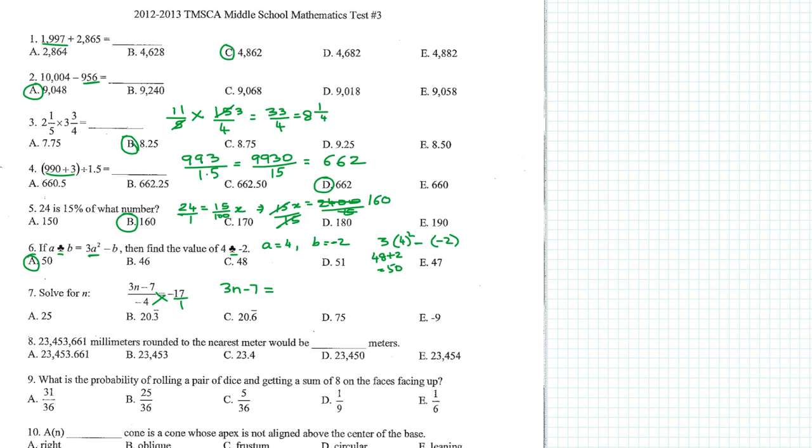So this is minus times minus, that becomes plus, and 4 times 17 is 68. So we add 7 on both sides and we get 3n equal to 75. So we added 7 over here, so this 7 cancels with this minus 7. So 3n is equal to 75. So n is equal to 25.